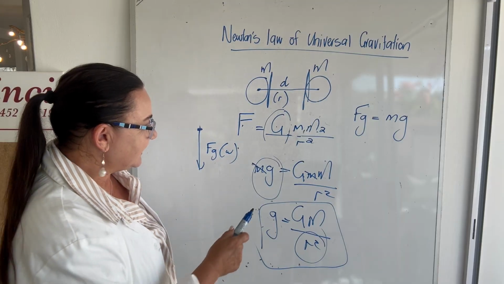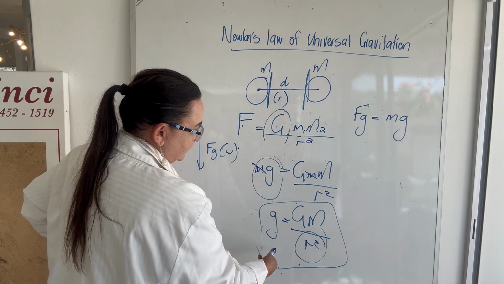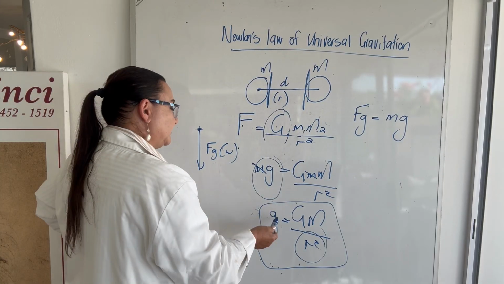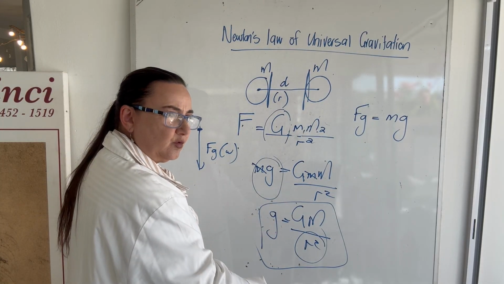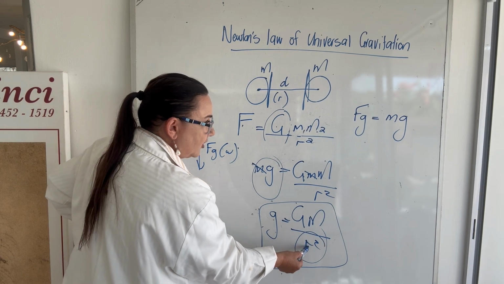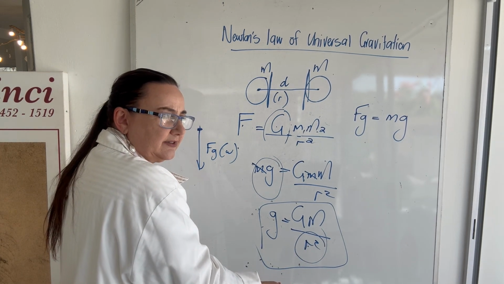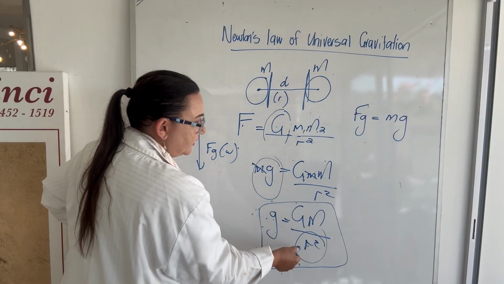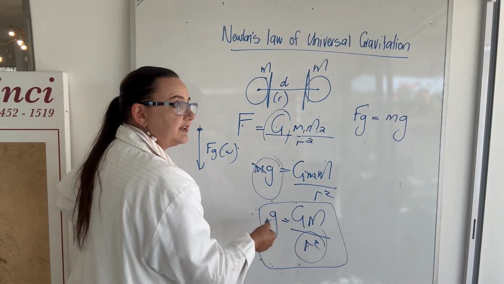Because it's an inverse relationship, look at this. Whenever r becomes bigger, then g is going to become smaller. Whenever r becomes smaller, then g is going to become bigger.